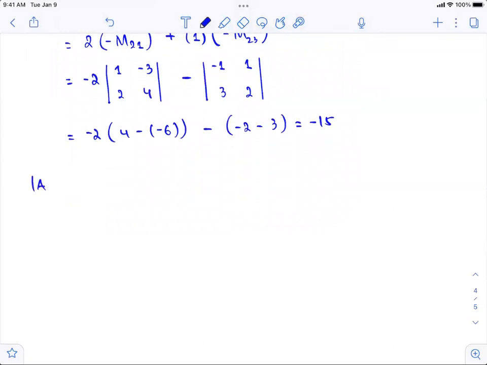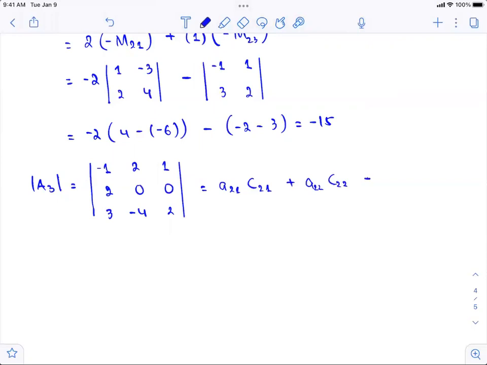Now for the determinant of A3, you get -1, 2, 1, 2, 0, 0, and 3, -4, 2. Still, I'm going to use the second row to work with, because you have 2, 0 in that particular row. So A21 C21 plus A22 times C22 plus A23 times C23. And we get that this term is going to be 0. This is also 0 as well.